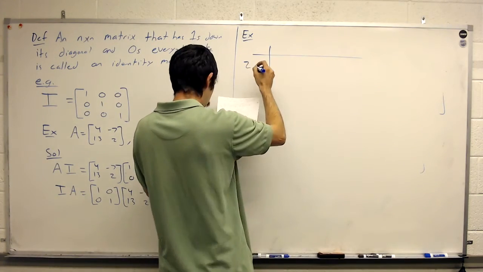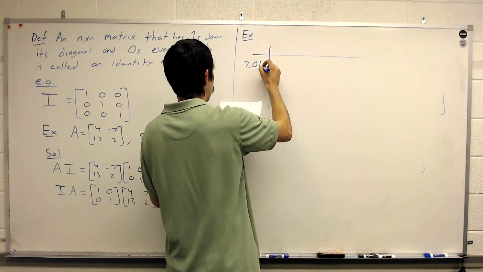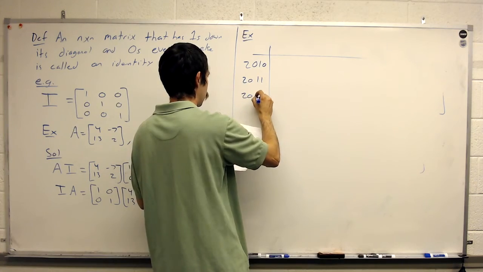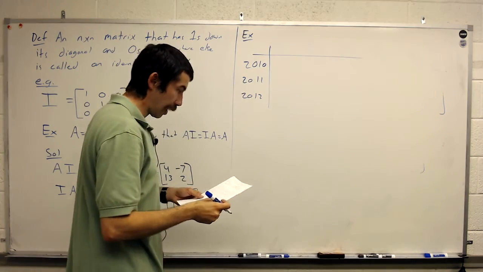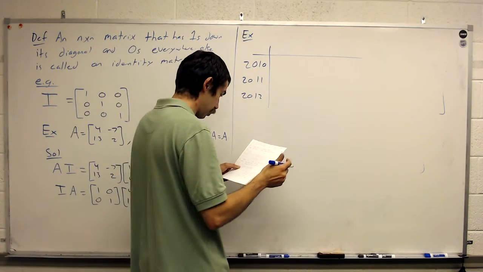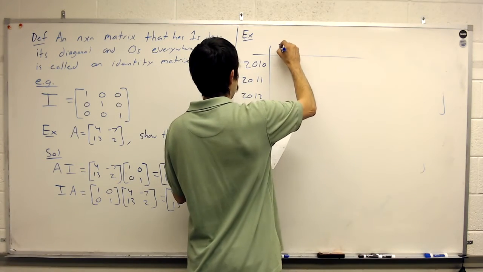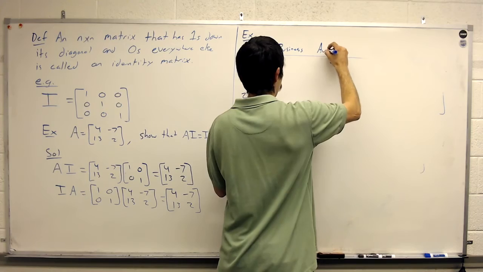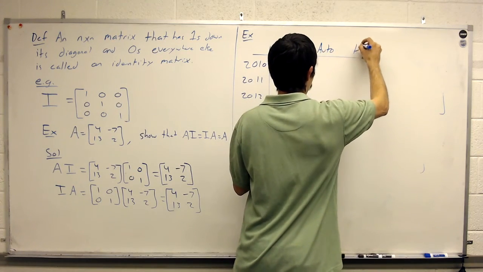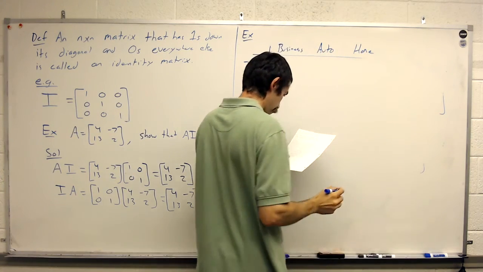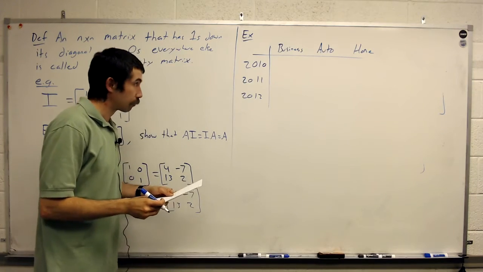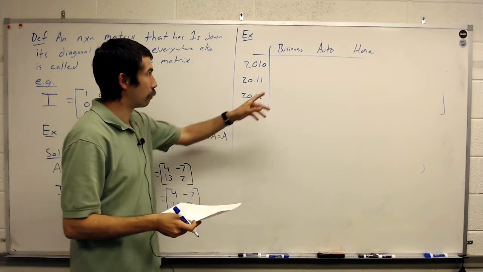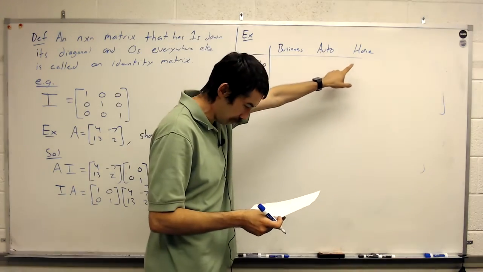So we're going to have 3 different years here: 2010, 2011, 2012, and 3 different types of loans. Okay, and so this is like what a bank lent out. So they lent out business loans, auto loans, and home loans.